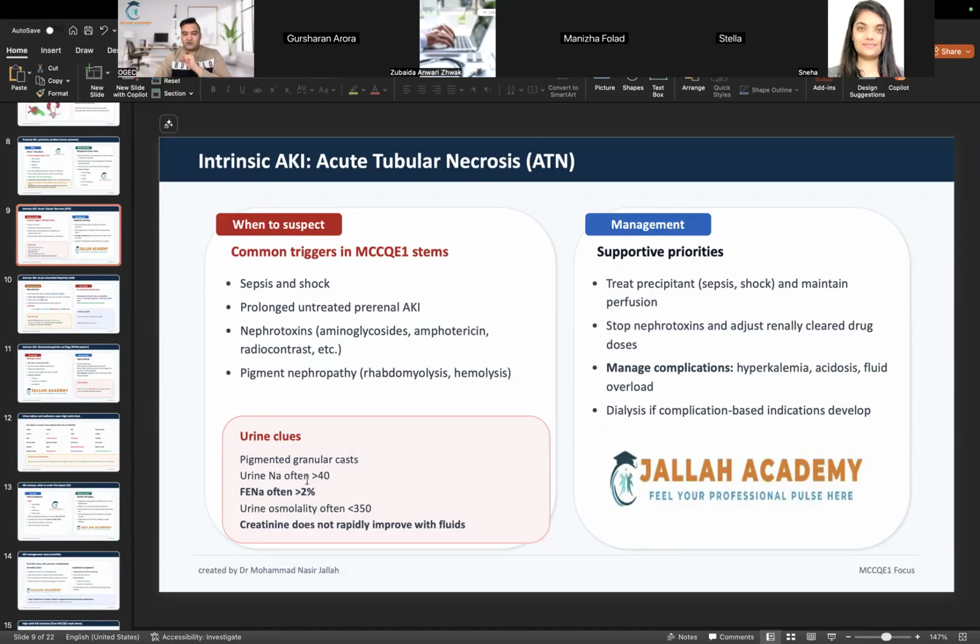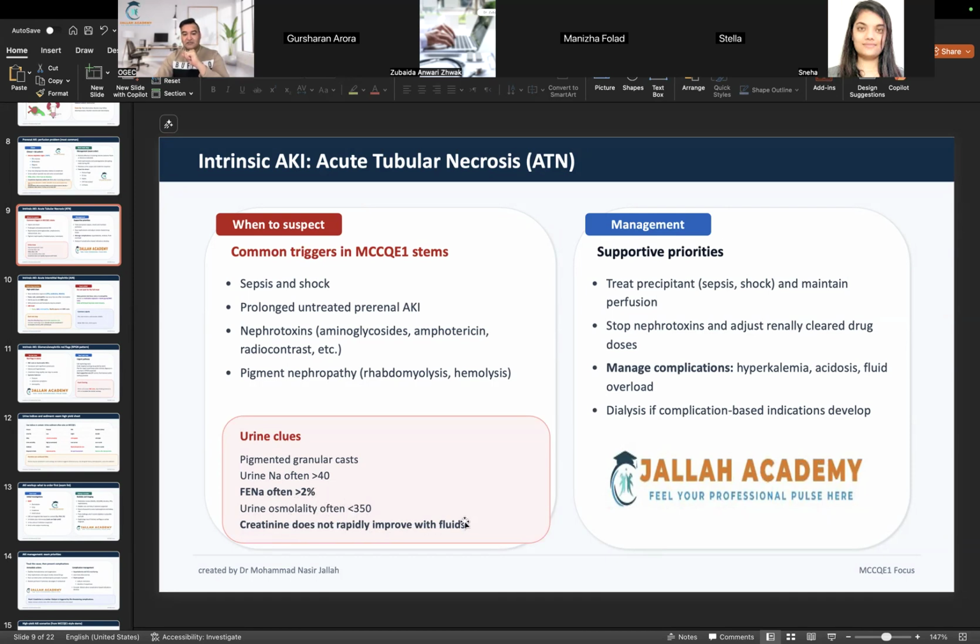If the urine sodium is often more than 40, it is okay, but the most common is this one, which differentiates from pre-renal. Remember, FENa is less than 1 in pre-renal. If it is more than 2, it is renal or intrinsic. Urine osmolality is less than 350, which is opposite of pre-renal.